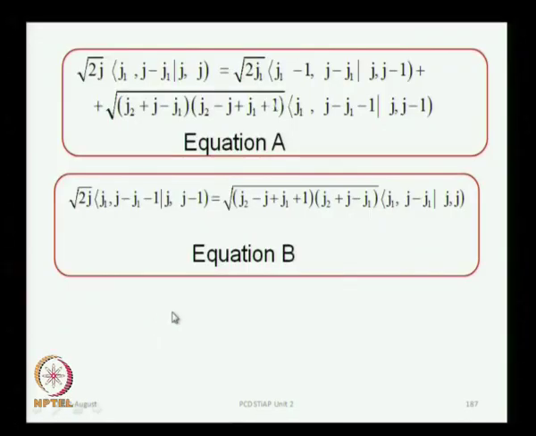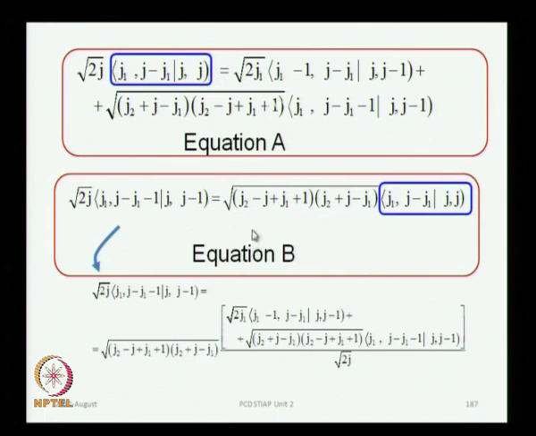Now, notice that this term over here in equation A is exactly the same as what you have over here in equation B, and you can therefore borrow this result from equation A and plug it over here, or vice versa, either way, because these two terms which are enclosed in this blue loop are exactly the same.